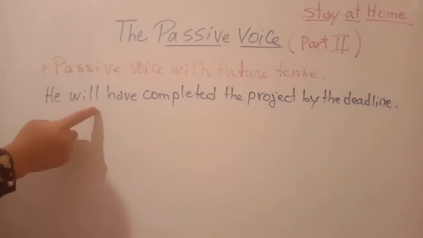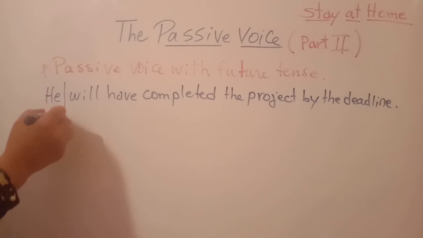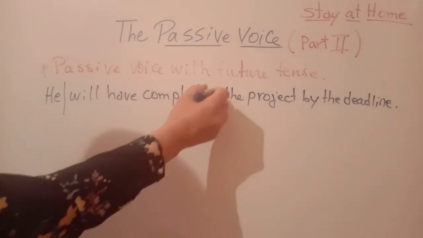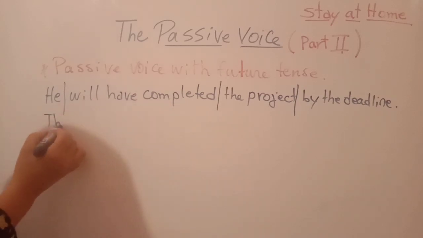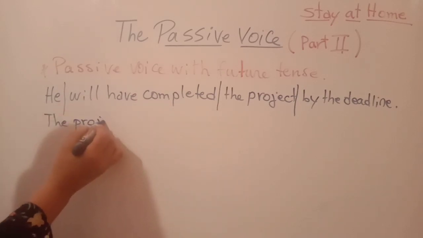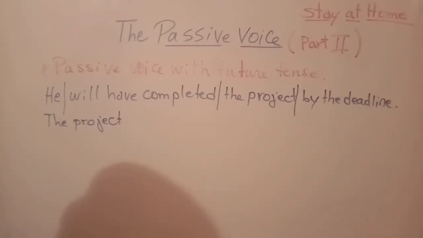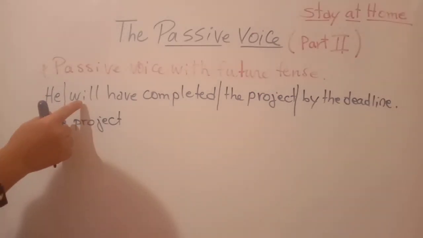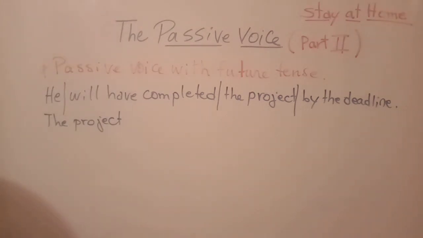He will have completed the project by the deadline. So he is the subject, will have completed the verb. What? The project. The project becomes subject. Okay? Then we have a look at the verb. In which tense? You have the form will plus have plus past participle of the verb.